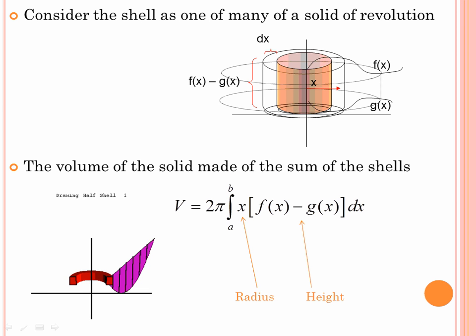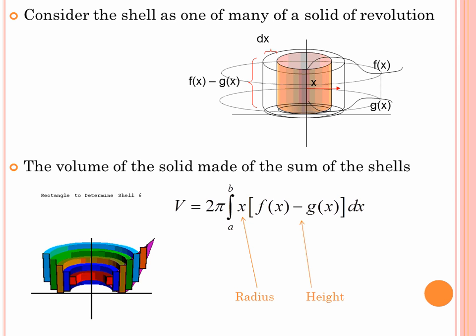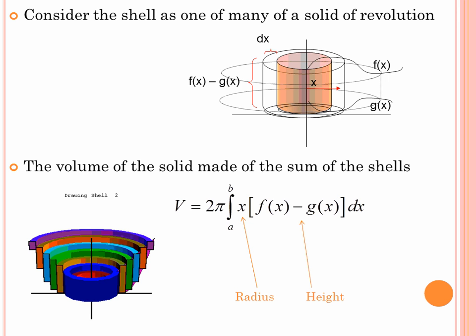There's a lot going on here, I know. Our radius, we are going to call x. From the y-axis to any given point on my region is going to be x away. So our radius is x.